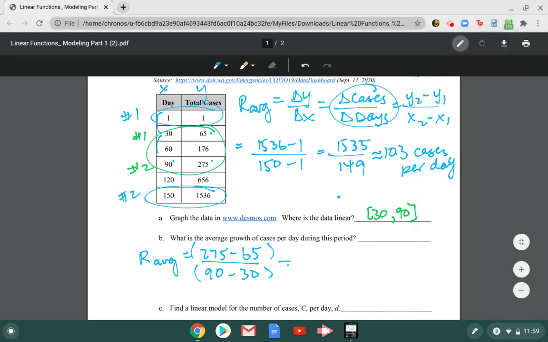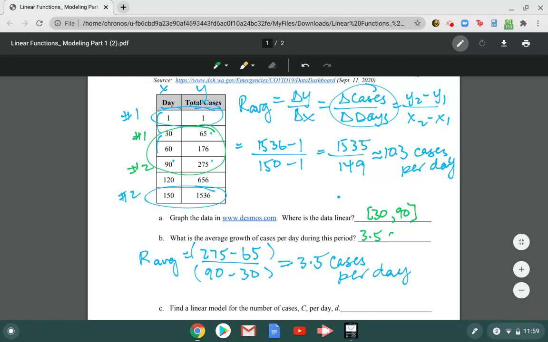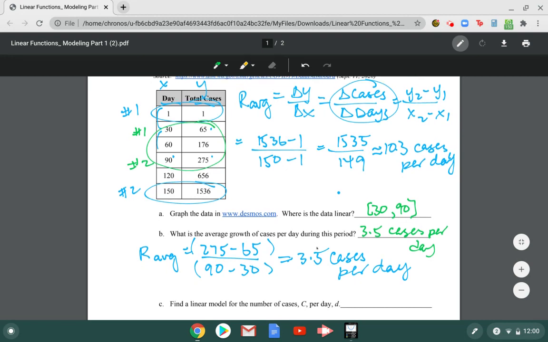So this is equal to 3.5. 3.5 what? Cases per day. So over that time period, the increase was much lower. So 3.5 cases per day, that's going to go up here on my answer line. Cases per day. Okay, but still just doing slope there.